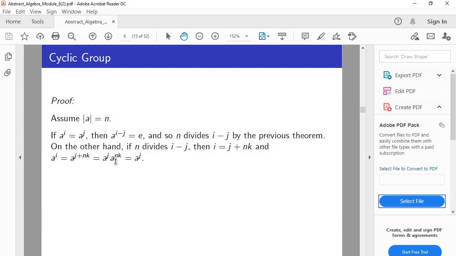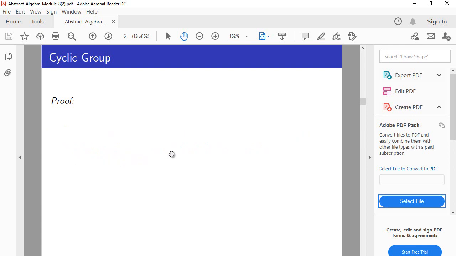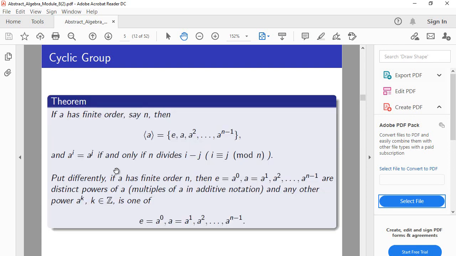But a to the nk would be the identity because n is the order of A, so I get a to the j here. So if n divides i minus j, then a to the i and a to the j are the same. So what we have completed is the proof of this statement right here.